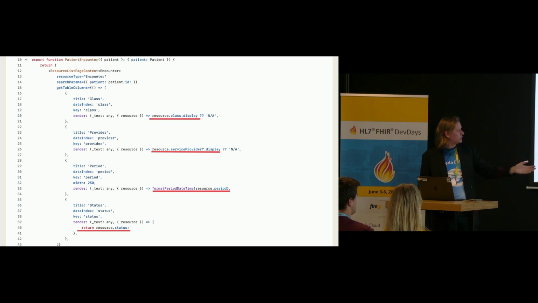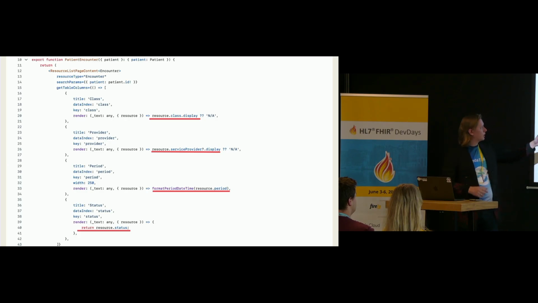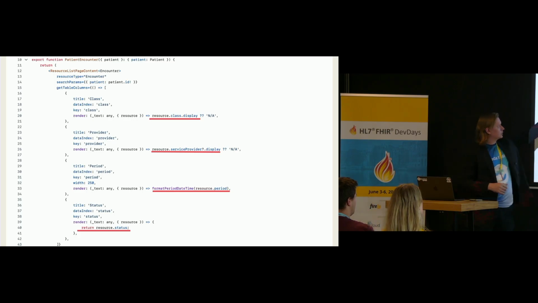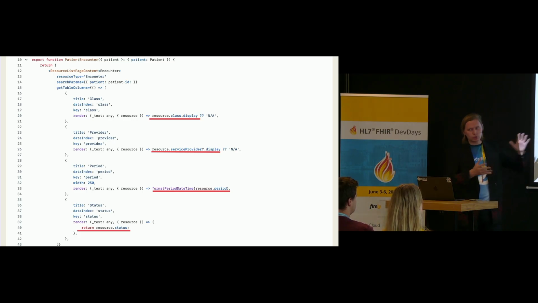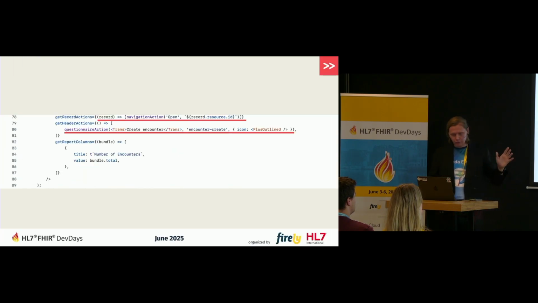It's pretty easy and still could be improved, because we have some legacy parts from the underlying components. We need to specify some data indexes and keys, but it could also be optimized and made much closer to the native FHIR structure.